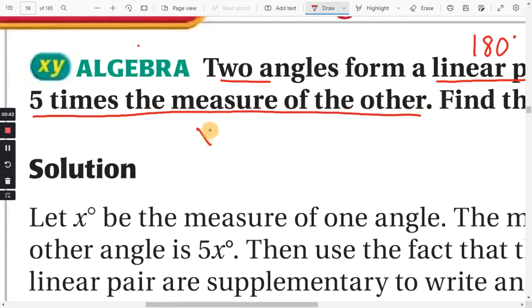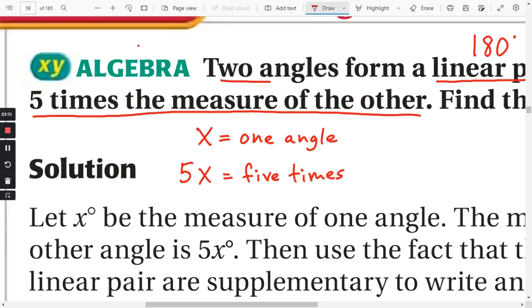So let x equal one angle. And if the other angle is 5 times as much, what would we use to represent the other angle? Well, that would just be 5 times x. So these are the two angles that we have, x and 5x.